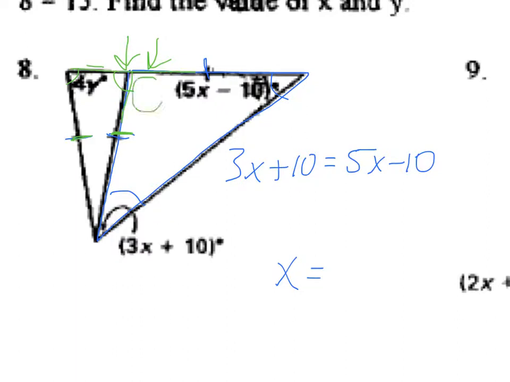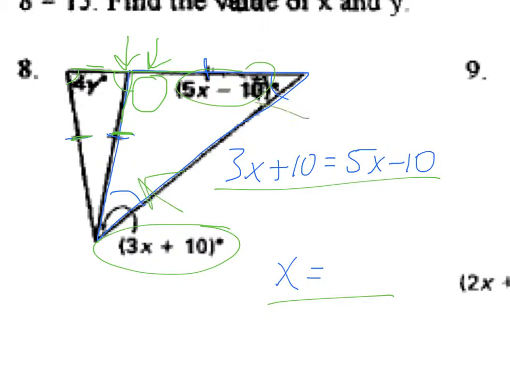If I know what the value for x is, once I do this algebra problem, I could plug it back in here, get a value for these two angles, add them up, subtract from 180, and I would get this angle right here, and 4y would be equal to whatever this angle was right here.